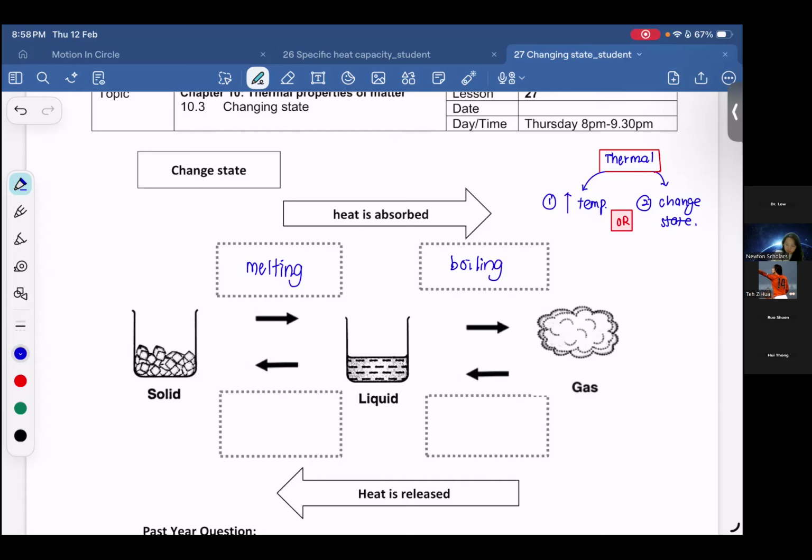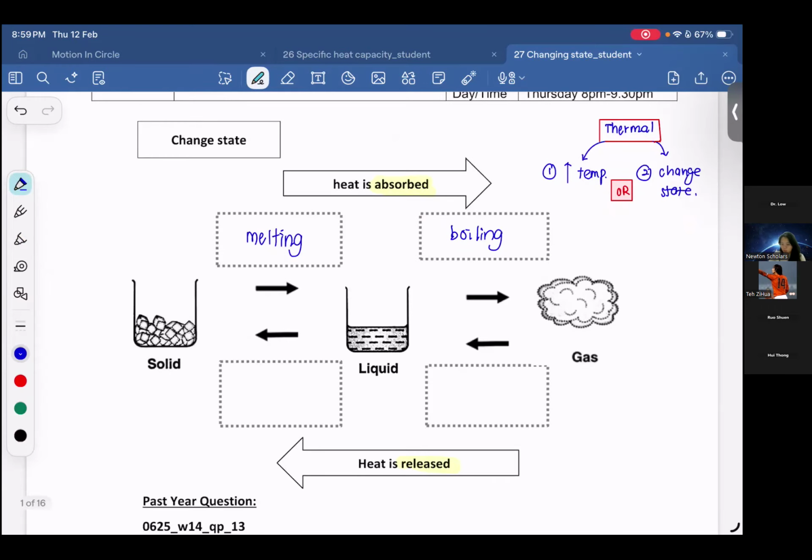So here, energy is absorbed. We absorb energy so we can change from solid to liquid, liquid to gas. When we want to go from gas to liquid, we need to release energy. So this process is called condensation. Then this one is called freezing.